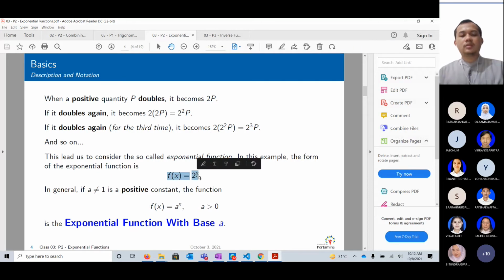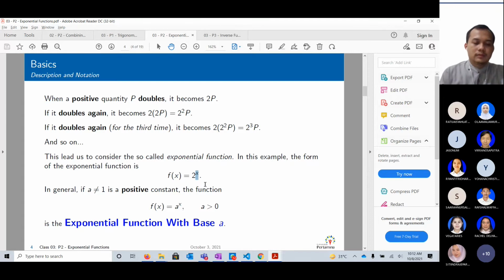f of x equals 2 power x. This kind of function is called an exponential function. And 2, in this case, is called the base of the exponential function, and x is the independent variable.